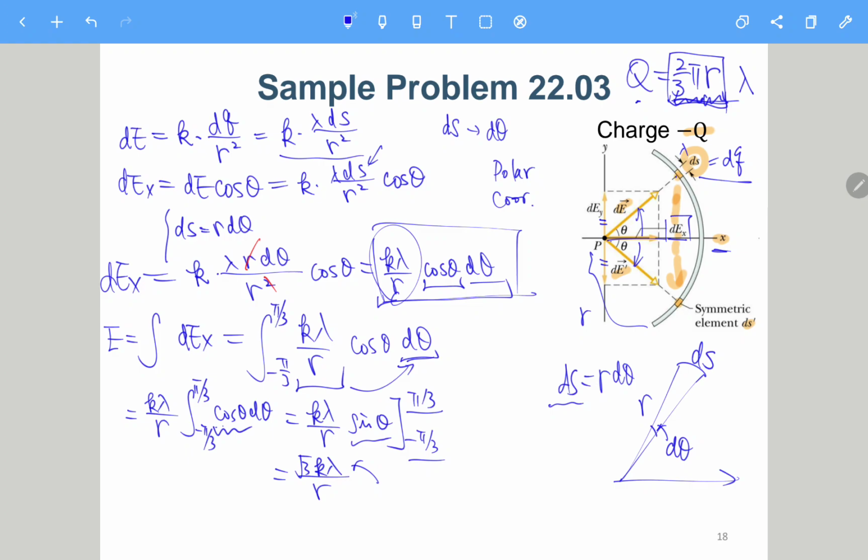Or we can just slightly move over the term. We should have lambda to be 3Q over 2 pi r. And then we can just plug in this one here. So finally we will get 3 times square root of 3 kQ over 2 pi r squared, like this.